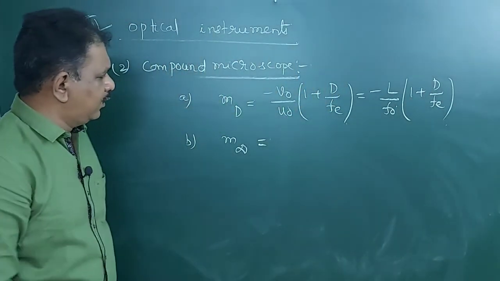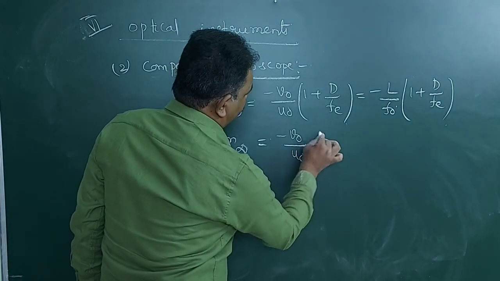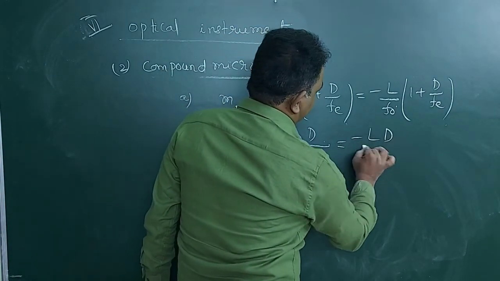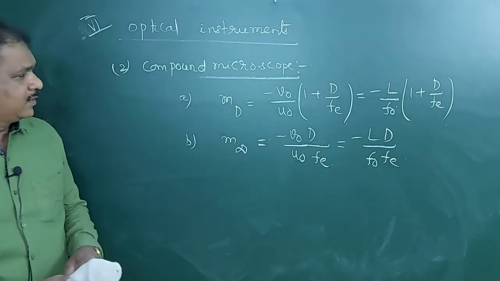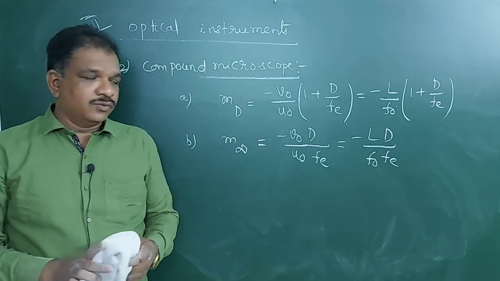These formulas we will use. Here, for the far point, this is minus VO by UO into D by FE or minus LD by FO FE. These formulas we will use in the compound microscope.